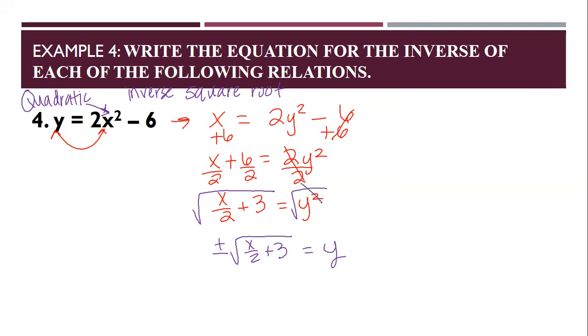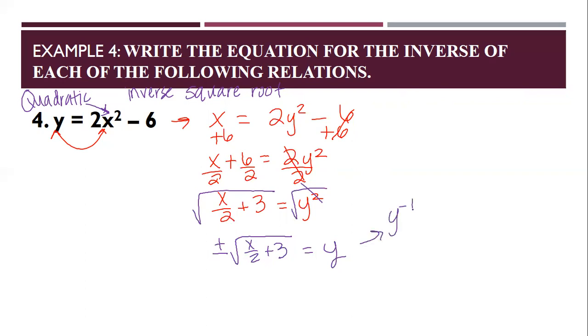This cancels out that 2. And think about the reason why I put the plus or minus. If I was to take the square root of 4, my solution could either be negative 2 or positive 2, because a negative times a negative is a positive.